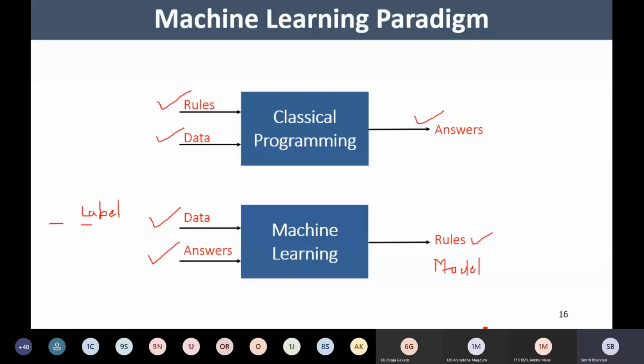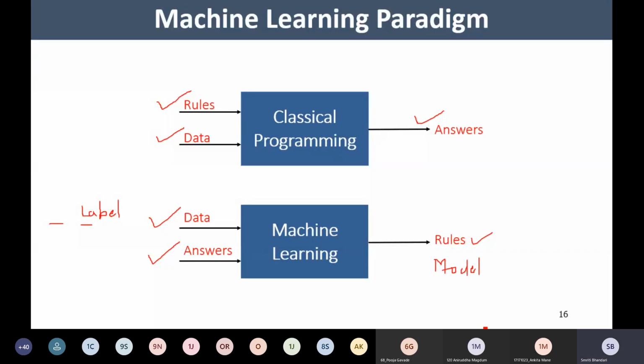So I'm providing the data along with the labels, and my machine learning system will produce the model or the rules. And this is how, after building such a system, if I present some unknown image to my machine learning unit, then what will happen? My machine learning unit will give me the appropriate label, right?